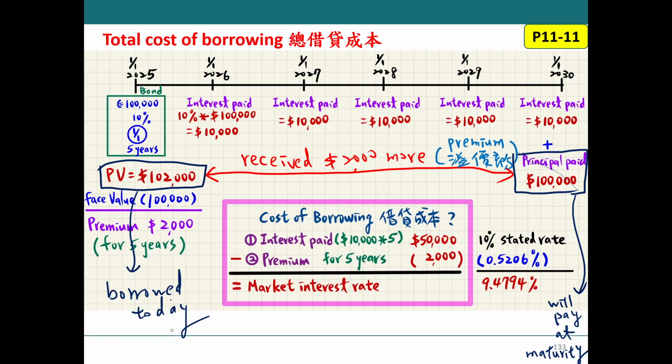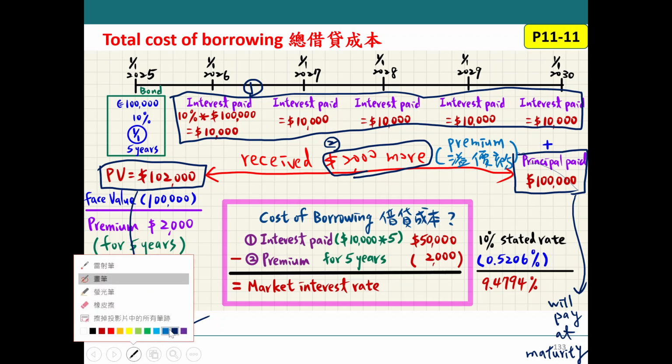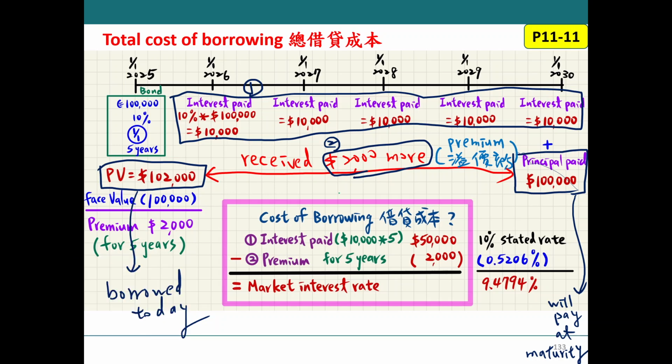Your first cost of borrowing is the same, based on your promise. But your second cost of borrowing will make your total cost of borrowing decrease.